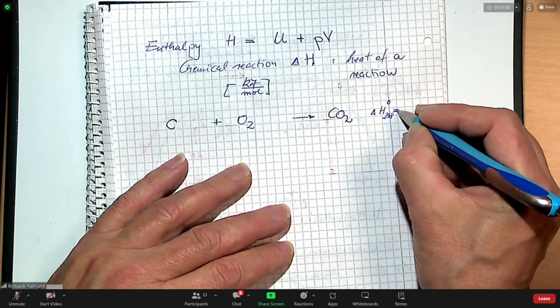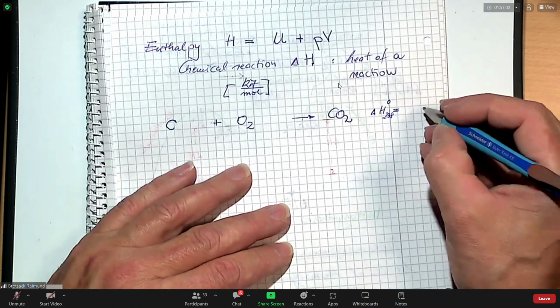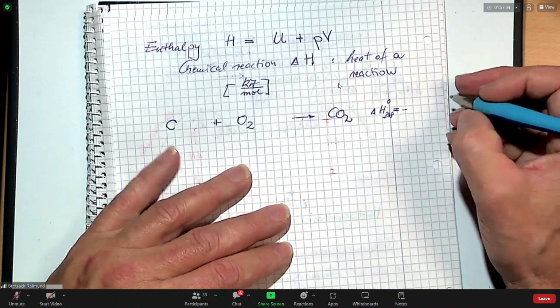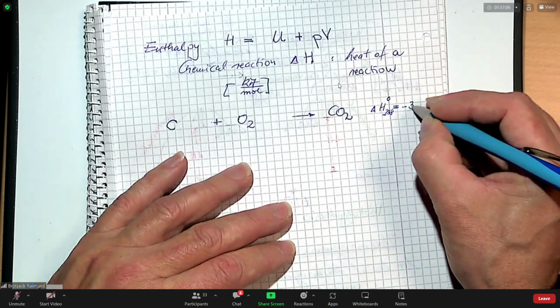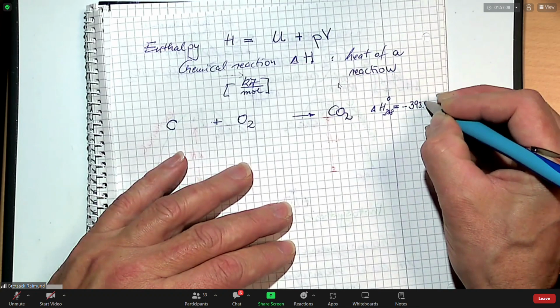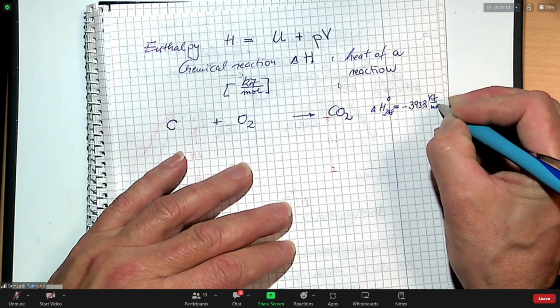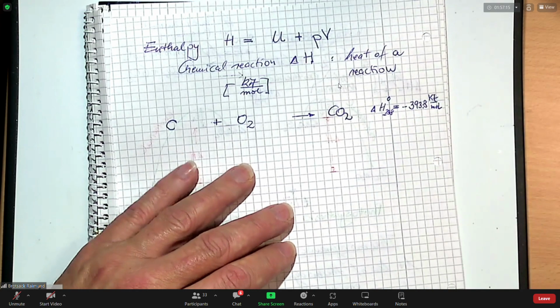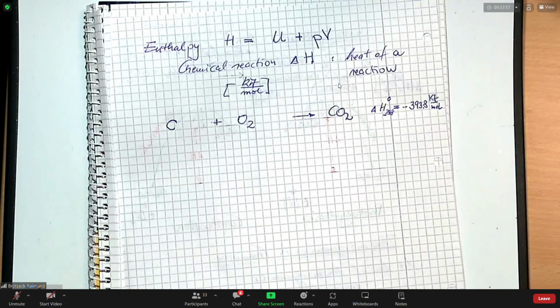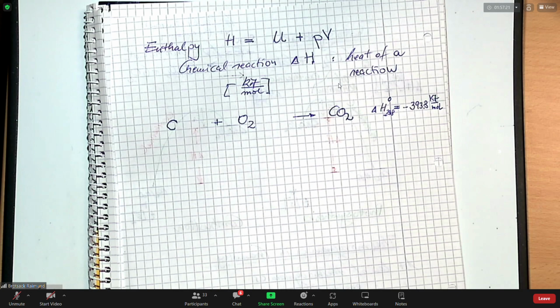And now we know the level is minus 393.8 kilojoule per mole. This is what we know. So we create heat when we burn carbon, produce carbon dioxide, and that's the amount of heat produced for 1 mole of carbon.